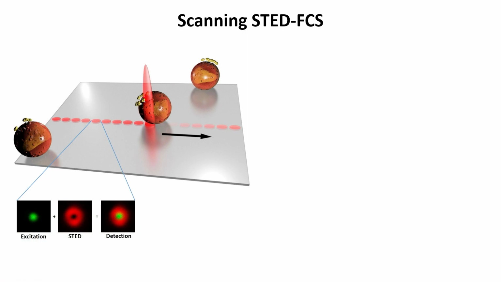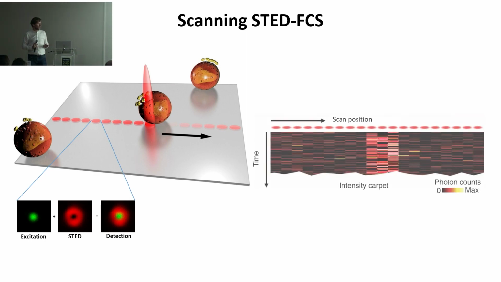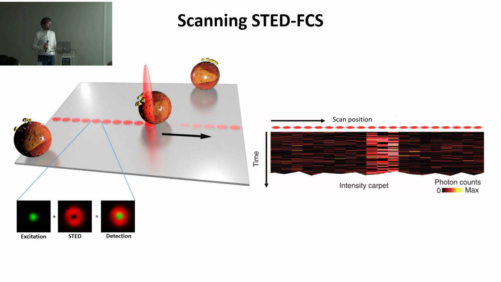In scanning STED FCS, you sacrifice a bit of speed of data acquisition, but you add a spatial component in which you can derive FCS data at several different positions. This has the advantage of giving the fluorescent molecules time to relax a little bit and does not drive them into immediate photobleaching states. So we sacrifice a bit of speed, but we also gain a spatial component, which will be important in the later studies.